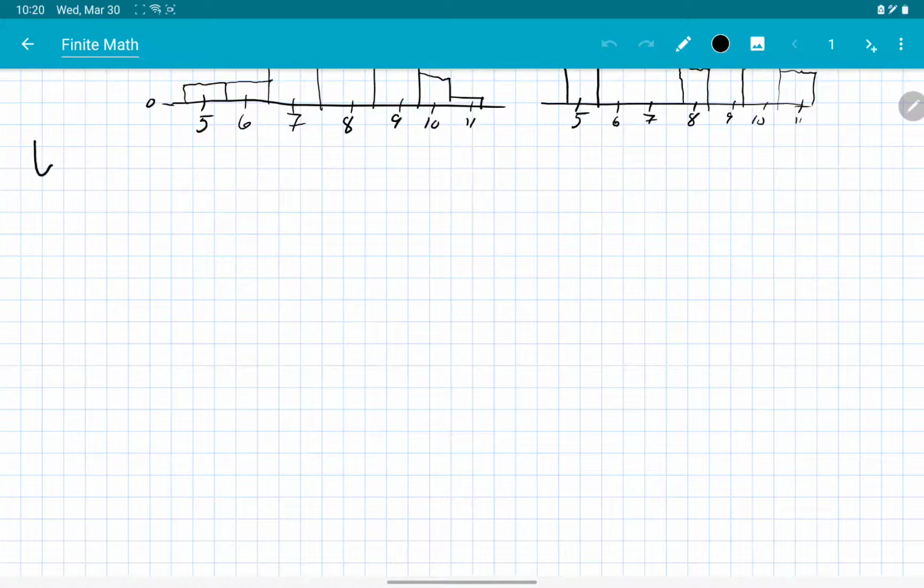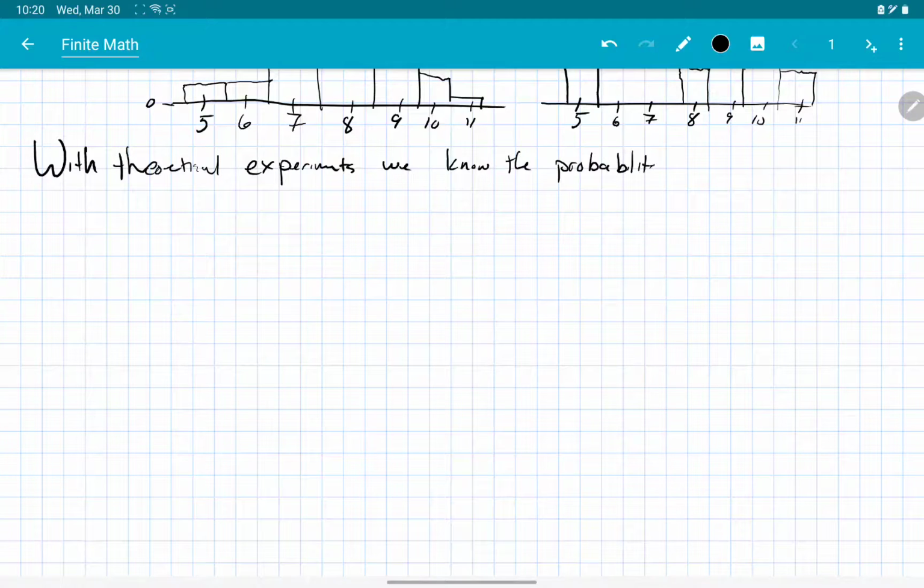So with theoretical experiments, we know the probability distributions. We're not just guessing them from data. Okay, so here is an example of how we could deal with this.